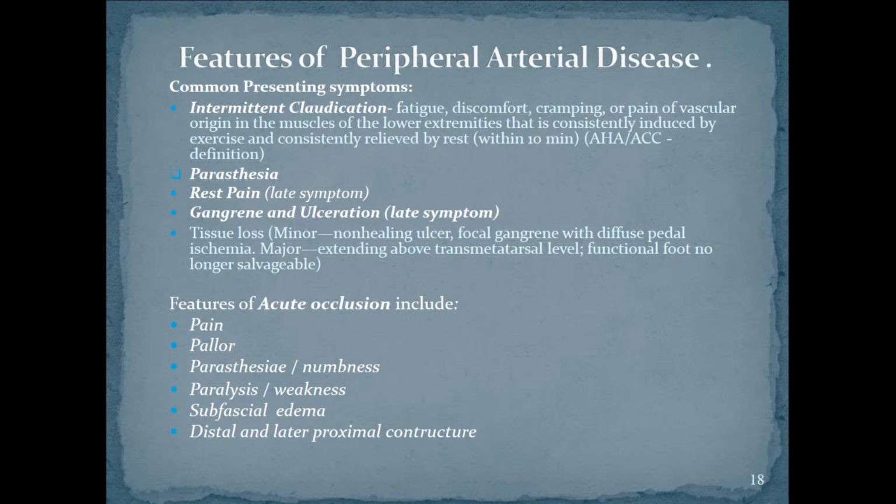Features of acute occlusion. They include the pain, the pallor, paresthesia, numbness, paralysis or weakness, subfascial edema, distal and later proximal contracture. So this information is very important.